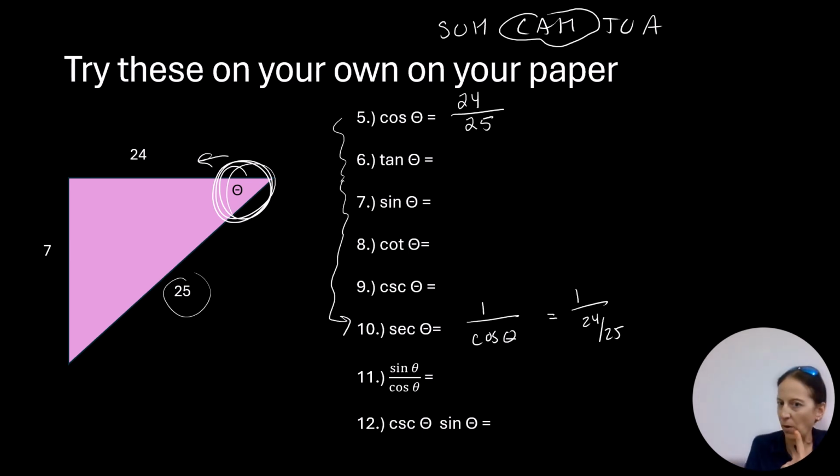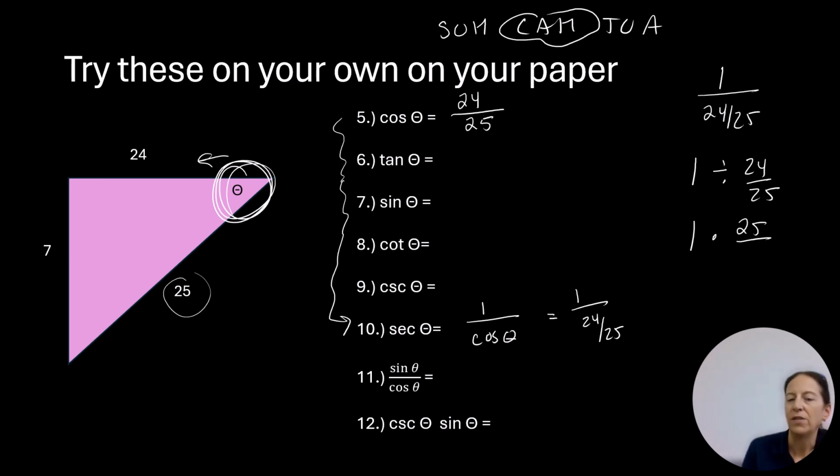I'll do it the long way one time, but you don't want to do it the long way every single time. That's 1 divided by 24 over 25. But remember, to divide means to multiply by the reciprocal. So it's 1 times 25 over 24, which of course is 25 over 24.